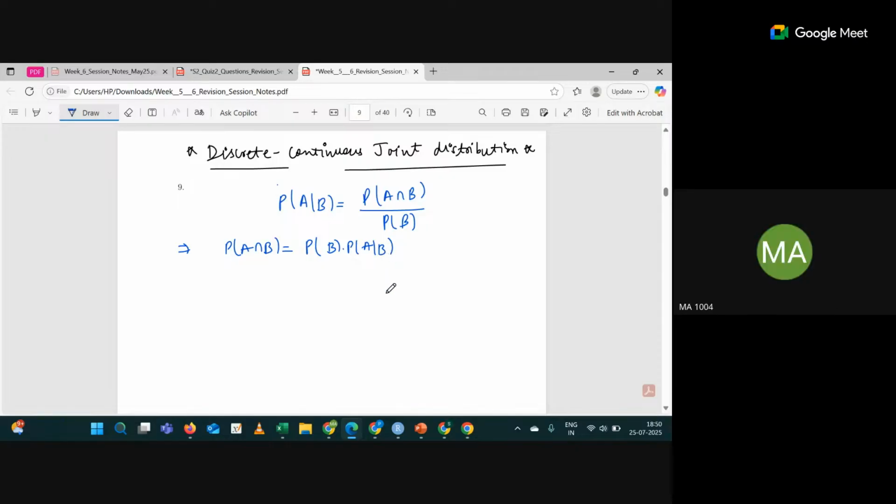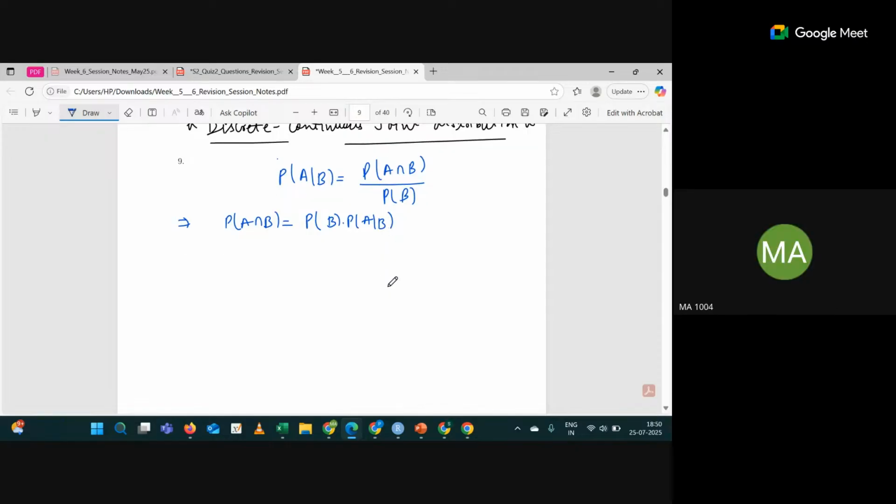Right. So what is the law of total probability? Suppose I have something like this. Suppose this is B1 and this is B2, and A is here. What if I ask what is the probability of event A? This means probability of A intersection B1 plus probability of A intersection B2.